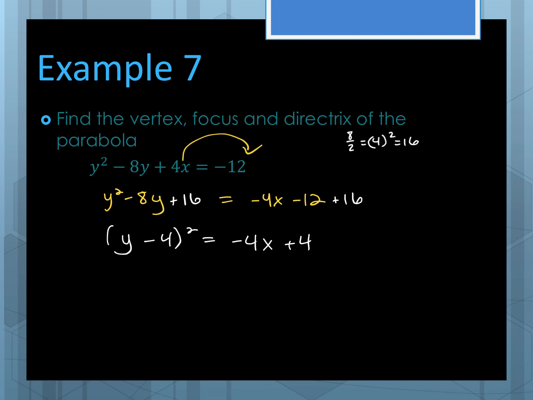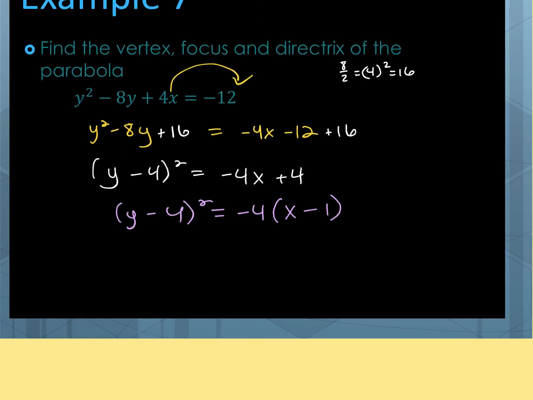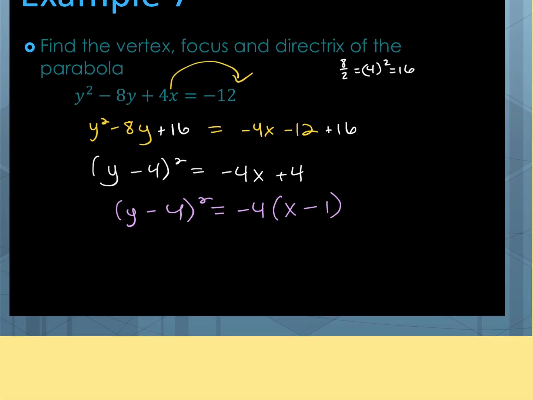And then remember, you can't have anything on the x. So we take out the negative 4 and we get x minus 1. What direction does this parabola face? Down. It's a y squared with a negative 4 as my 4p. So my vertex is 1, 4.